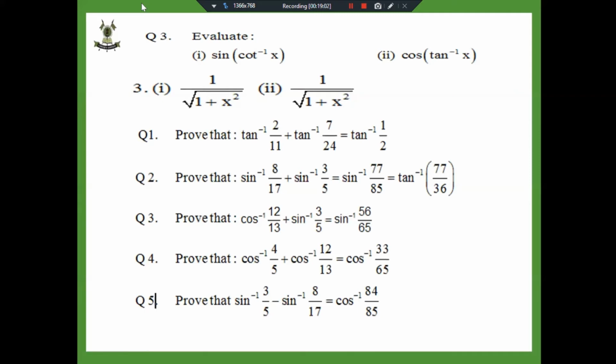But in the second question, we have sine inverse 8 by 17 plus sine inverse 3 by 5. So first we convert into tan, then we can apply the formula.